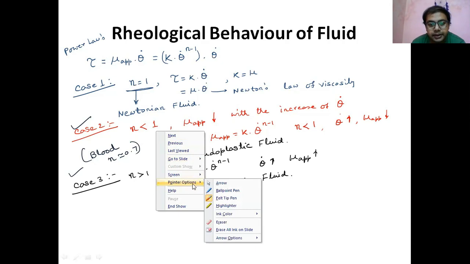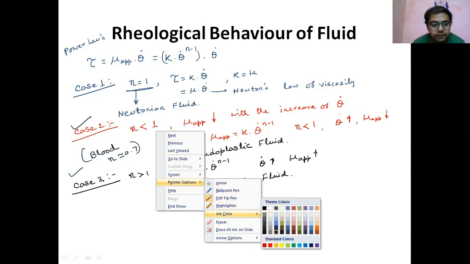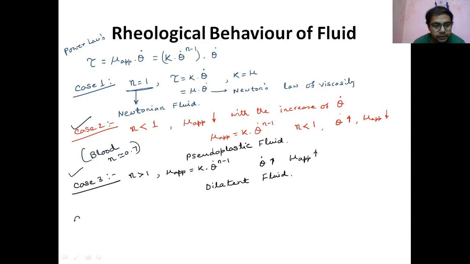Now the next part we'll see is the Bingham plastic fluid, case 4, which we'll talk about now. For case 4, we write down the first equation that we have seen, from the power law equation, also the Herschel-Bulkley model, the same thing.